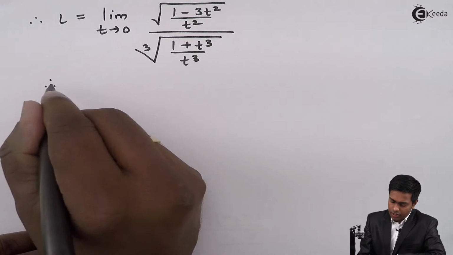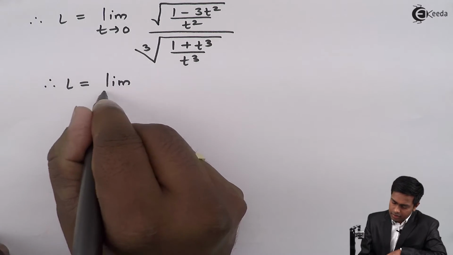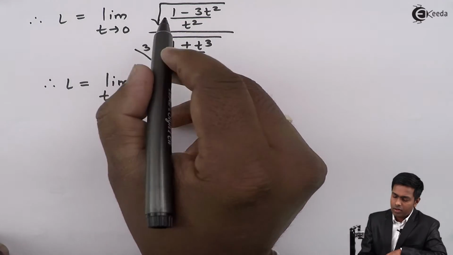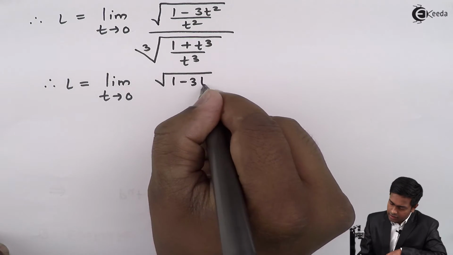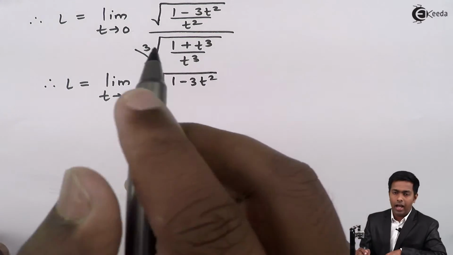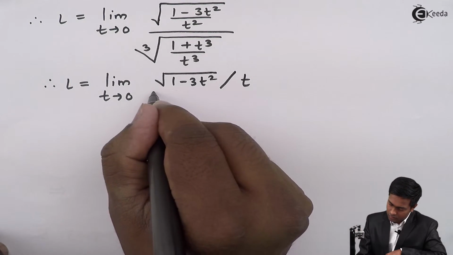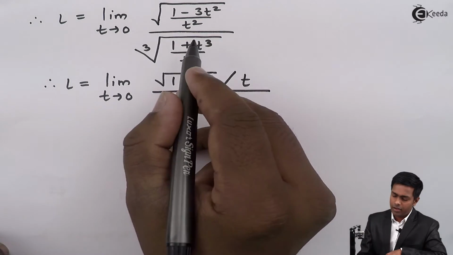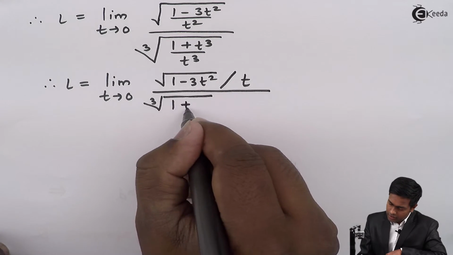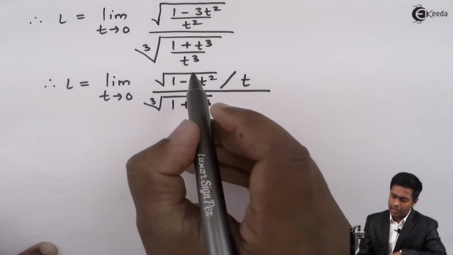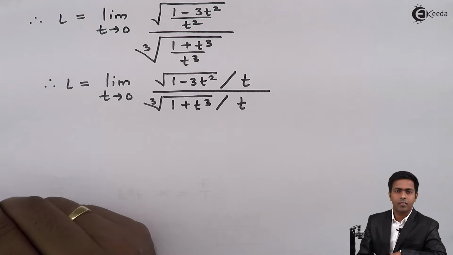So therefore here we will get L as the limit t tends to 0 of square root of 1 minus 3t square, and square root of t square is t, upon t, whole upon cube root of 1 plus t cube, and cube root of t cube is t.